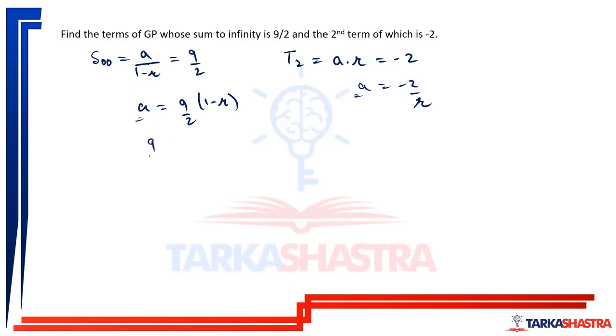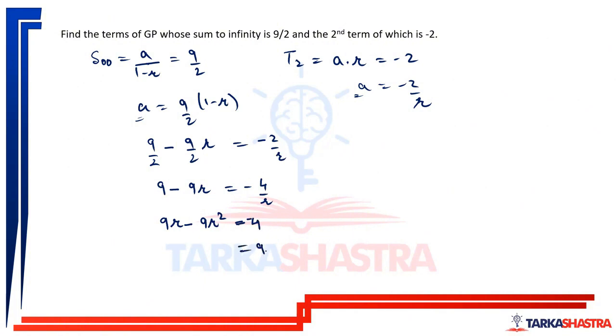So 9 by 2 into 1 minus r is 9 by 2 minus 9 by 2 r, equal to minus 2 by r. If we multiply the whole equation by 2, we get 9 minus 9r is equal to minus 4 by r. Now if we multiply the whole equation by r, we get 9r minus 9r square is equal to minus 4.